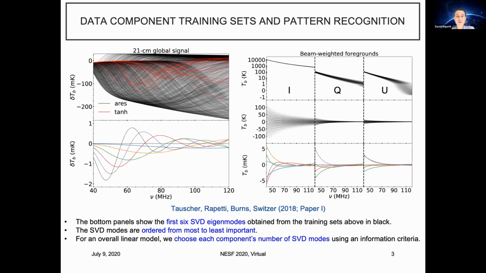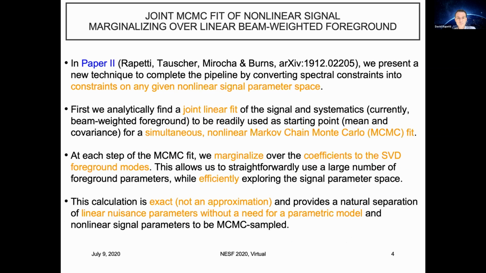In order to do that, we need a training set, which Joshua Hibbard will discuss, in particular a training set for the foreground, after me. And of course, these training sets need to be accurate. This is something that Neil Bassett has a poster on as well.